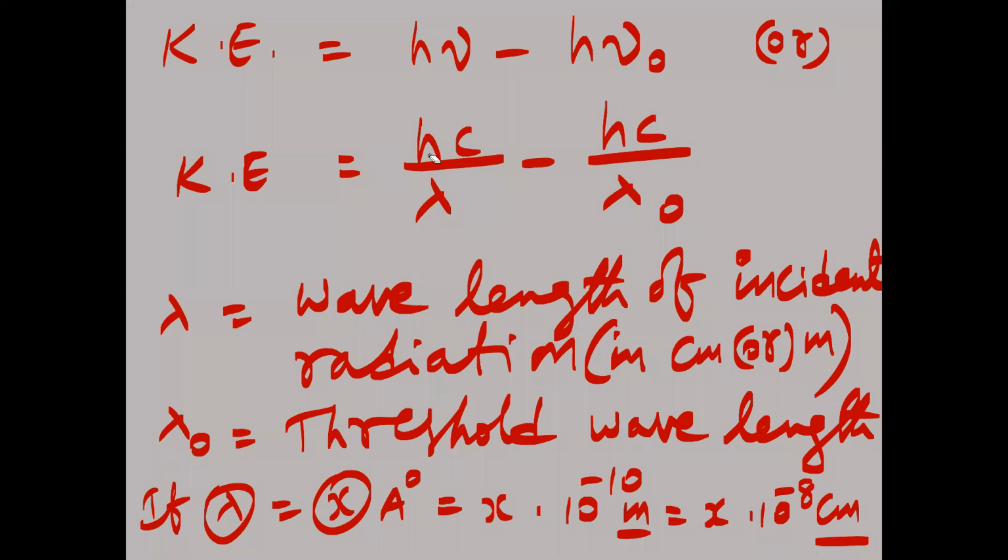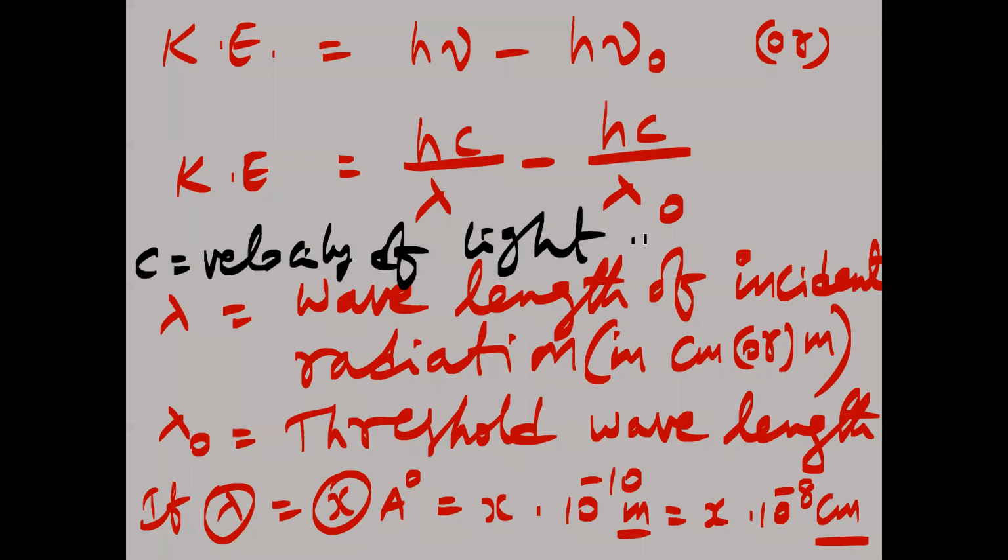h is Planck's constant. And what is c here? c is the velocity of light, equal to 3 into 10 to the power of 8 meters per second, or if you want centimeters, 3 into 10 power 10 centimeters per second.